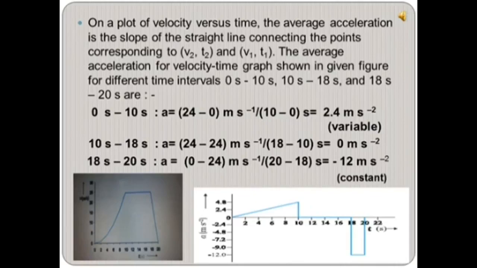Average acceleration is equal to 0 meter per second minus 24 meter per second whole divided by 20 second minus 18 second, which is equal to minus 12 meter per second square. It is the negative value, which is the average retardation or deceleration. This is the method to draw AT graph from VT graph.